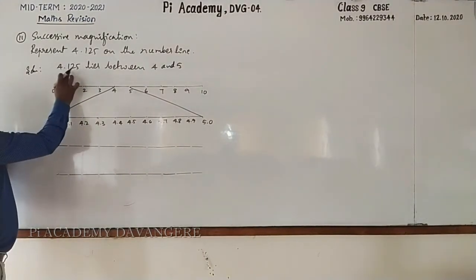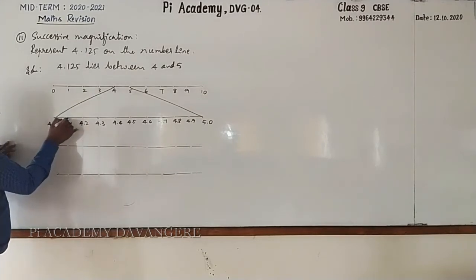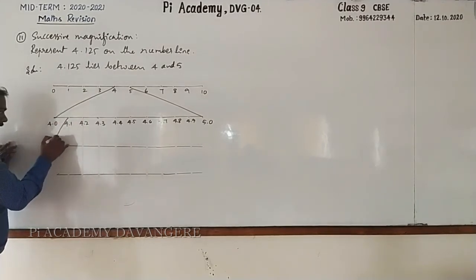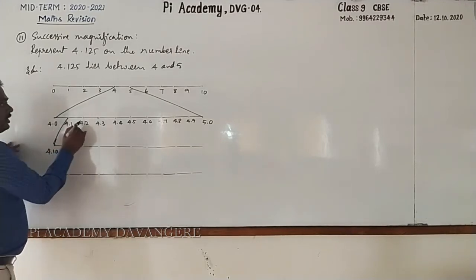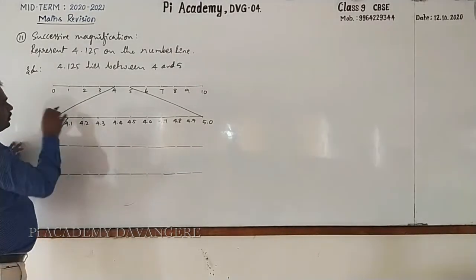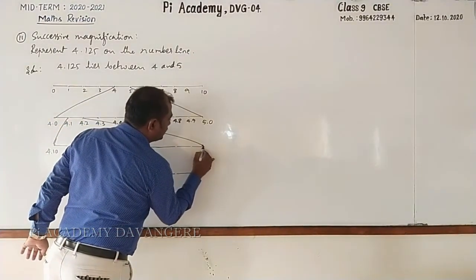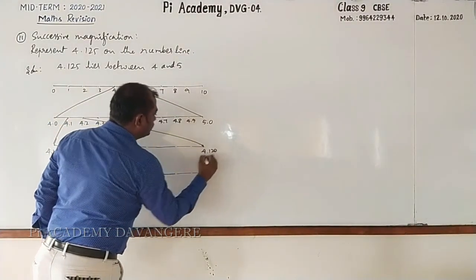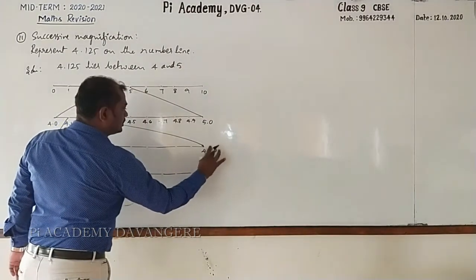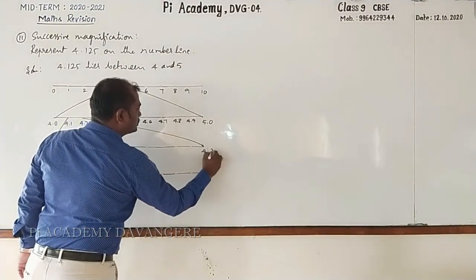But the number is 4.125. That means it is more than 4.1 and less than 4.2. See that 4.1 is here. This can be written as 4.10 and 4.2 as 4.20.